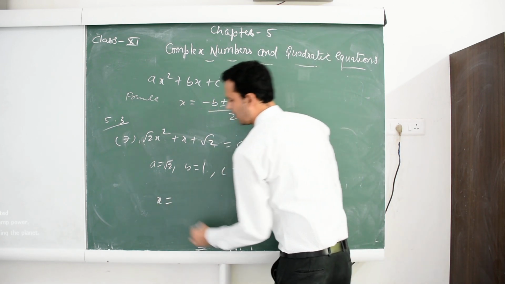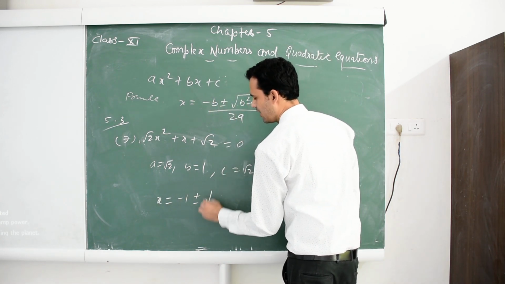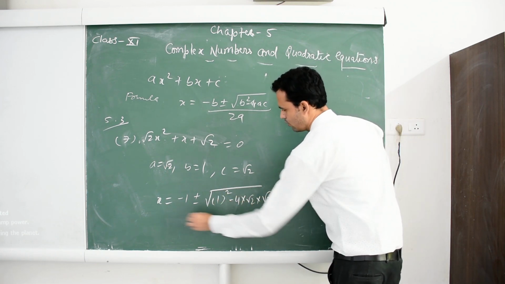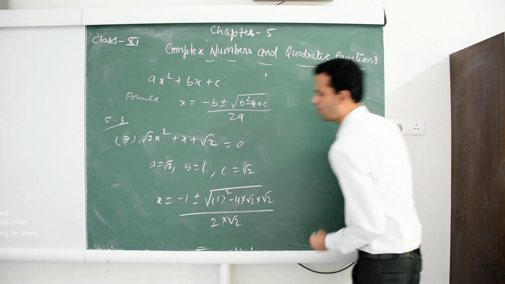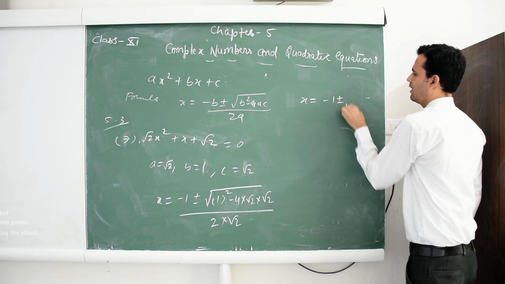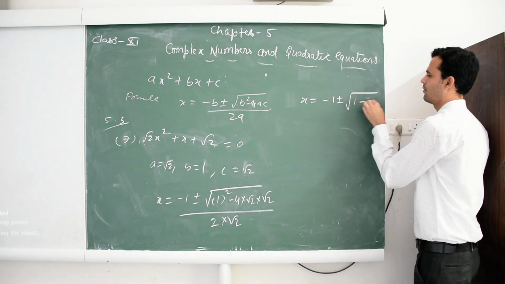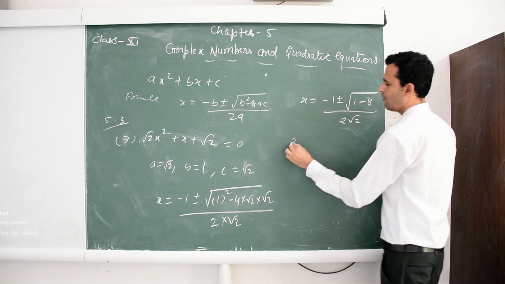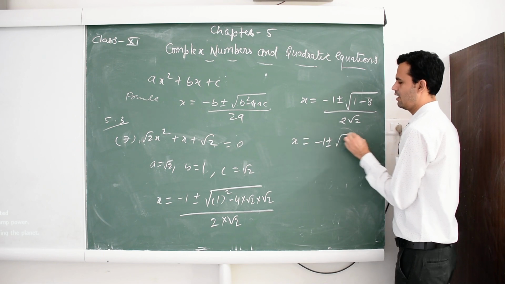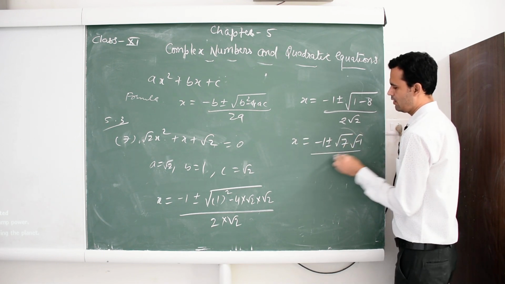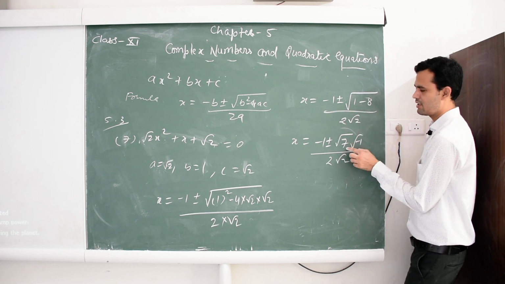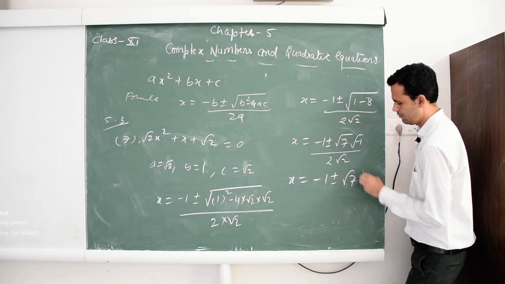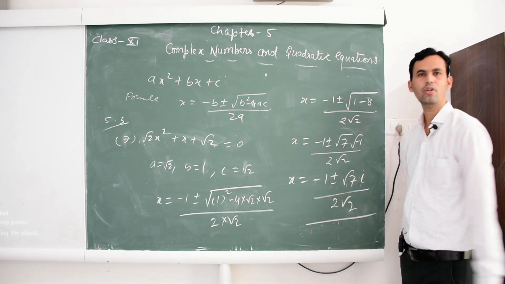So formula x equals minus b, it means minus 1 plus minus under root b square minus 4 into root 2 into root 2 upon 2 into root 2. So x equals minus 1 plus minus under root 1 minus 4 into 2, 8. Again we get minus 7 under the root, so we write it as minus 1 plus minus root 7 into root minus 1 upon 2 root 2. This is the roots of the equation.